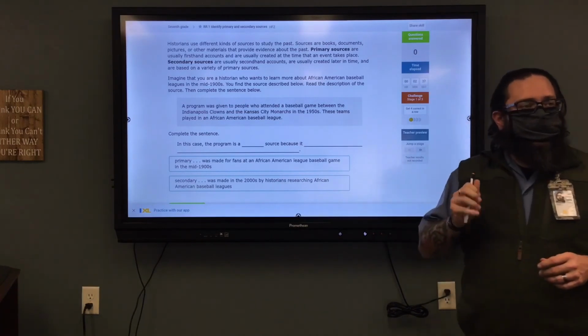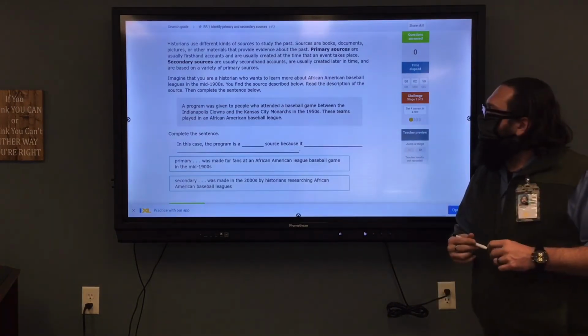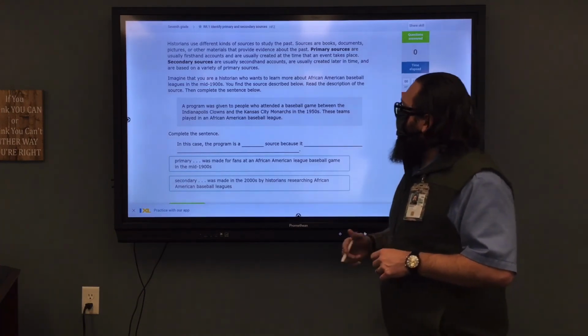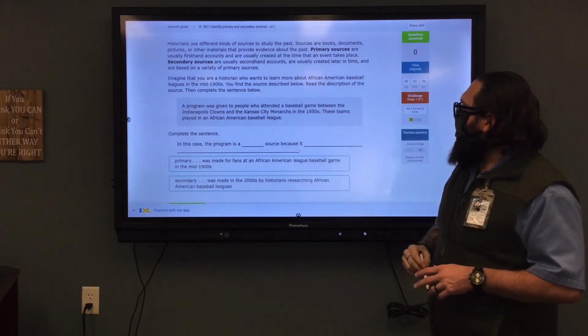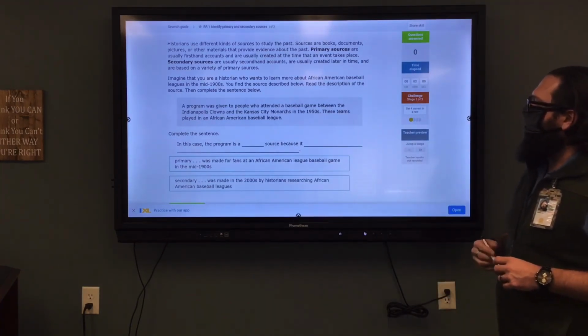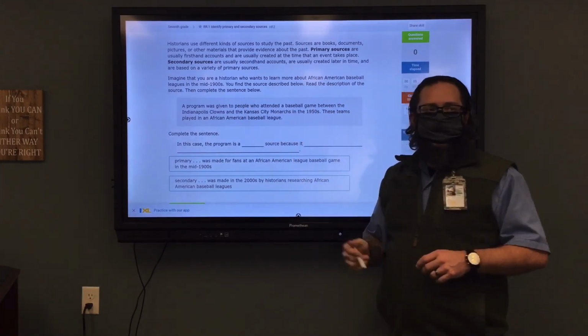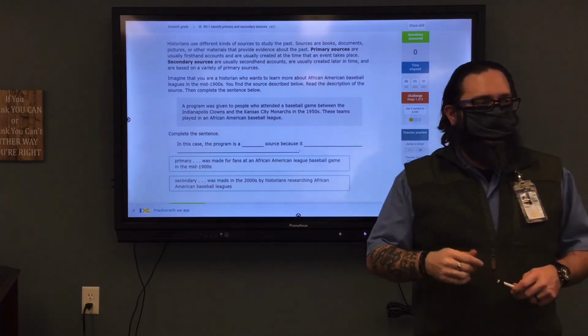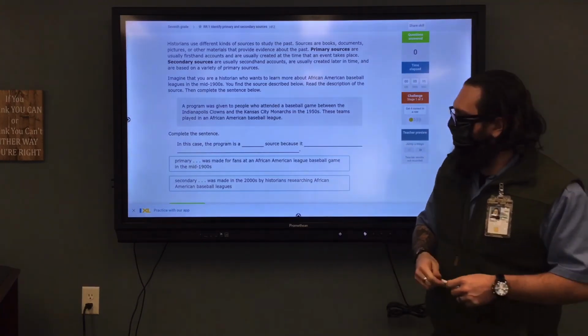But who did the program actually get handed to? All right, look at the first statement. A program was given to people who attended a baseball game between the Clowns and the Monarchs in the 1950s. So the program was given to people who attended the game. So this program was created for the fans that were in attendance.